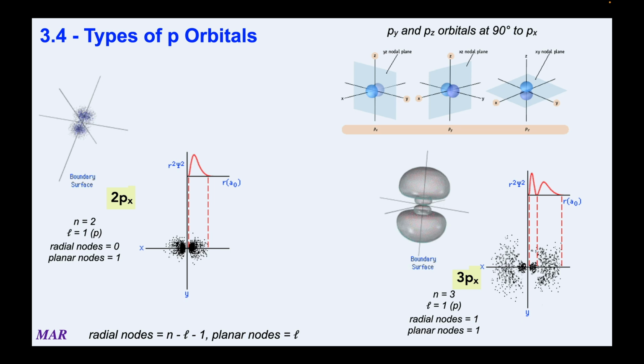If you go to the bigger 3px, then you do, first of all, have a bigger orbital because 3 is bigger than 2. You still have the planar node, but now you actually have a spherical node. So there's more complicated types of areas with no electron density as the orbitals get bigger. But again, all of these more or less look like a figure 8. Some of them are funkier than others, definitely, but that's kind of the idea.